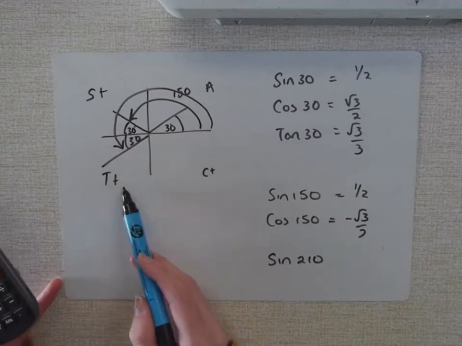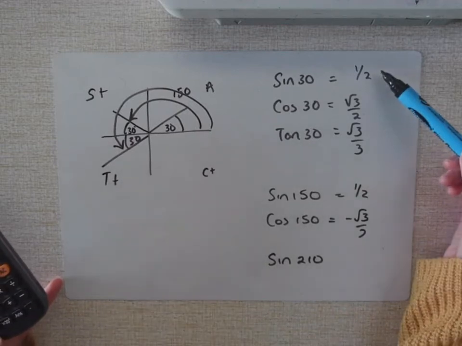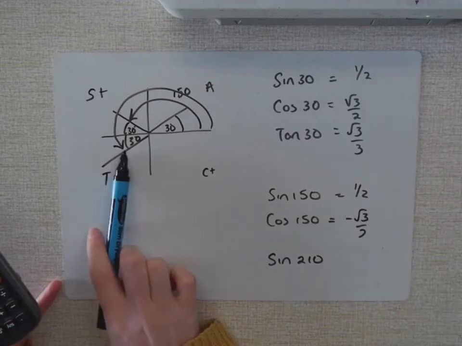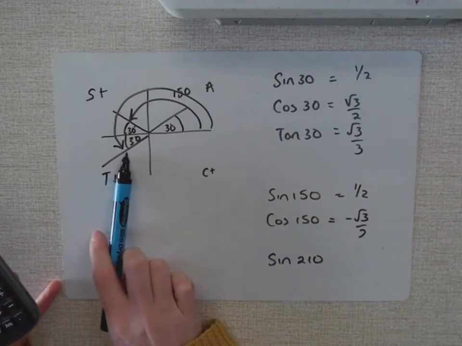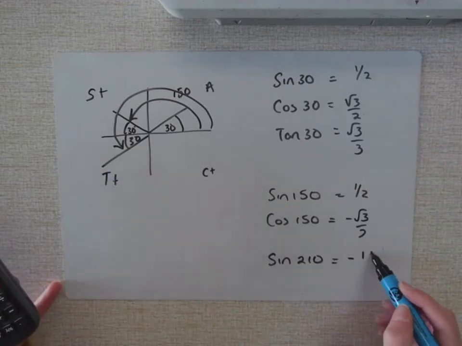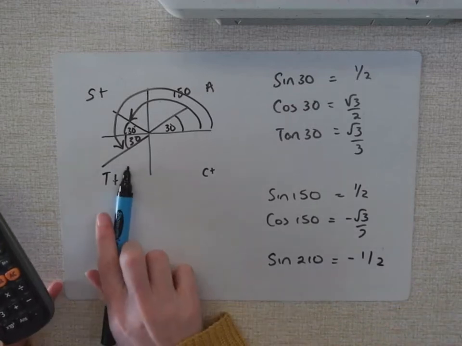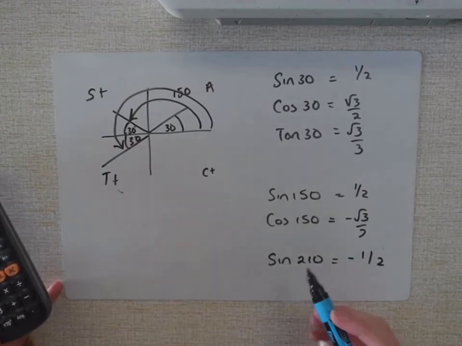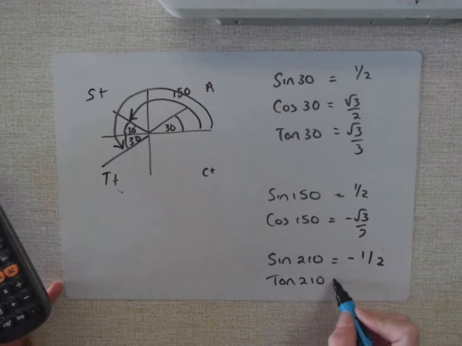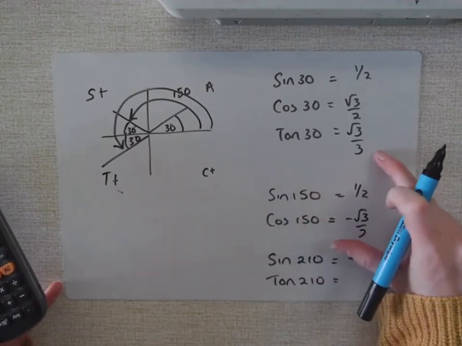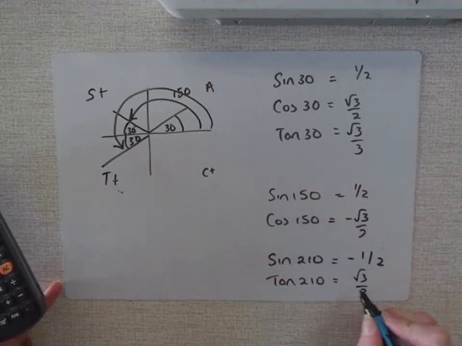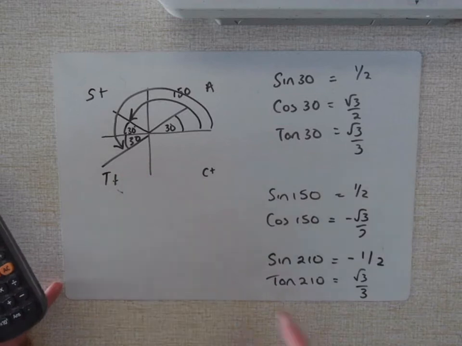Down here only tan is positive. So sine of 30 is a half, so in this quadrant, sine of 210 is minus a half, because sine is minus down here. Tan of 210 would be root 3 over 3, and because tan is positive in this quadrant, it would be a plus.